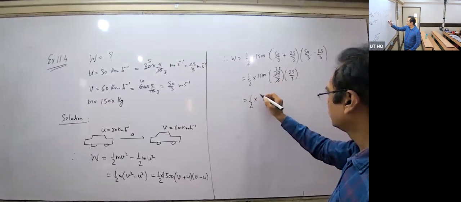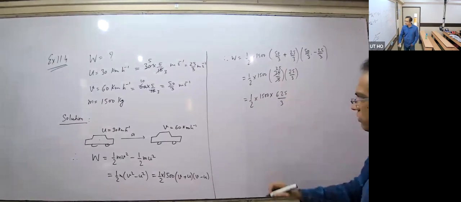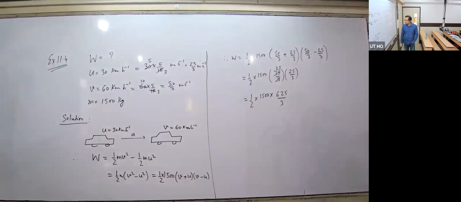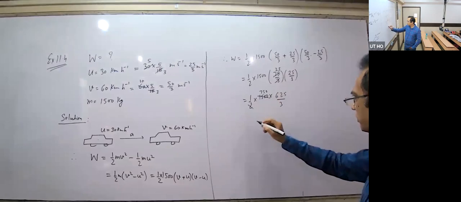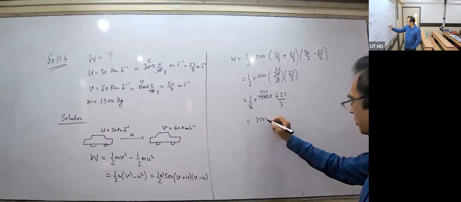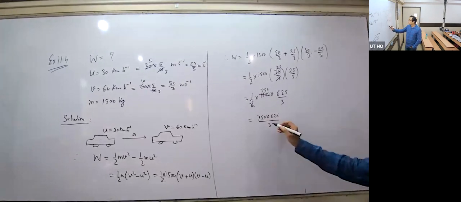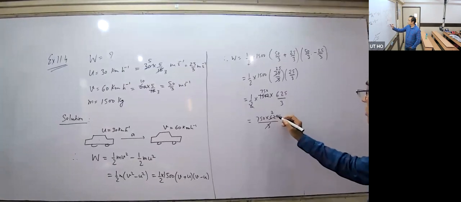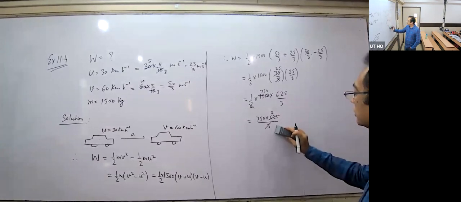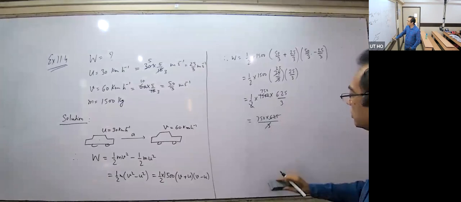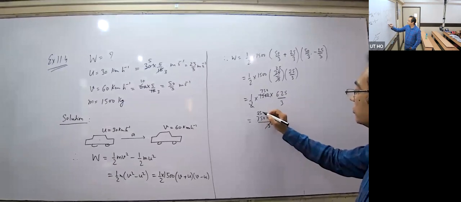So 1 by 2 into 1500. So this is 625 by 3. 25 square is 625 by 3. And this is 2 sevens are 14. So 750 into 625 by 3. So this will cut, 3 to the 6. Will it cut by 3? No. 6 to 8 plus 5. This will cut 25, right? 25 to 20.